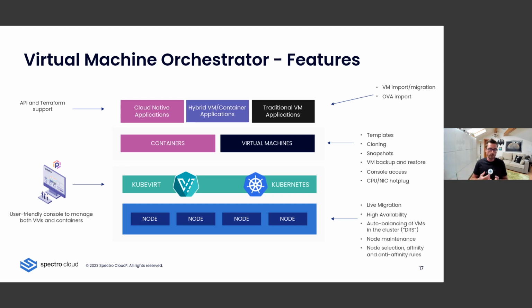Auto balancing of VMs, that's the equivalent of DRS at VMware. So we automatically balance VMs based on the actual consumption on the node.